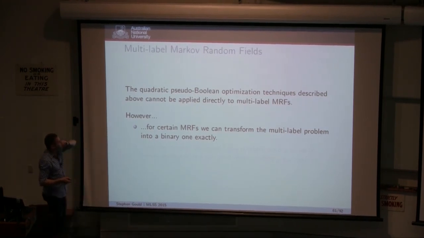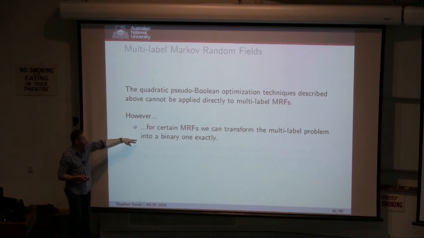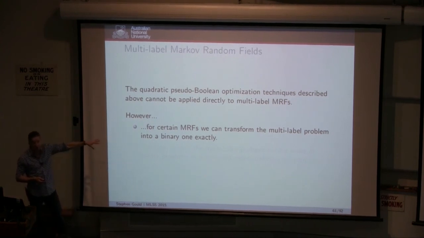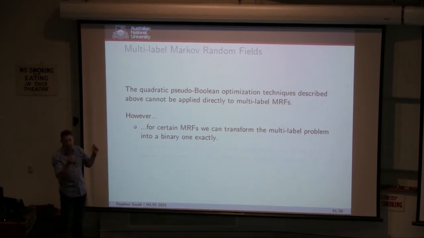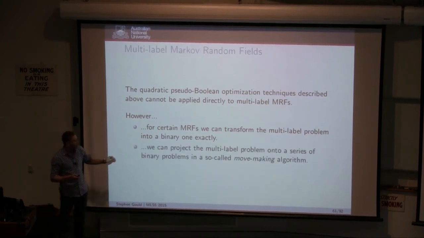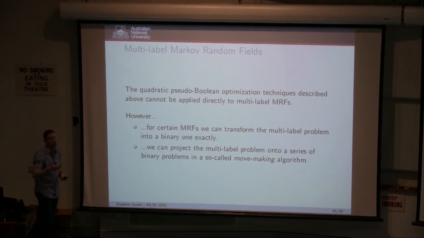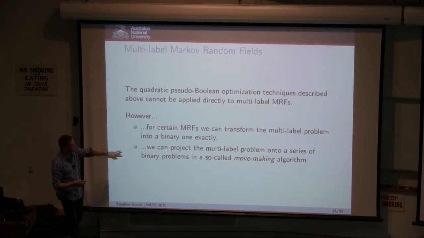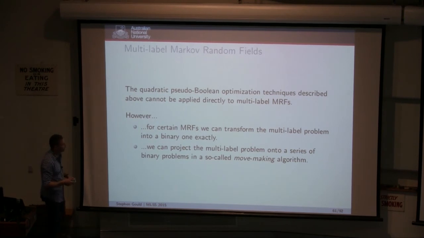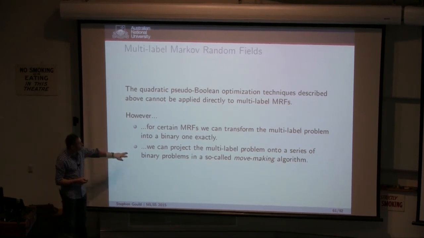For MRFs that are multi-label, we can do one of two things. We can either transform them into a binary problem, which is exactly equivalent, by encoding the multi-label in a particular way, or we can do what's called a move-making algorithm, where we solve a sequence of graph cut problems to move towards an optimal or close to optimal solution.